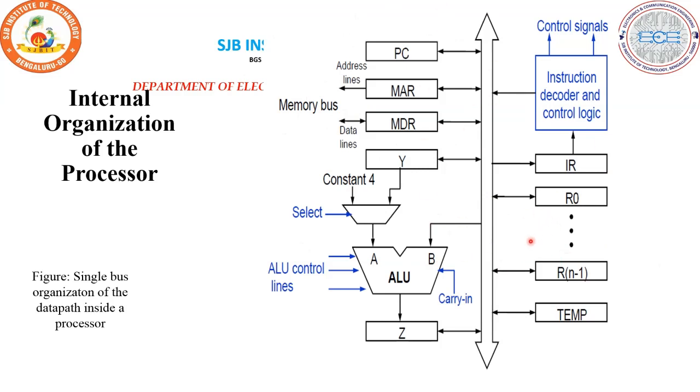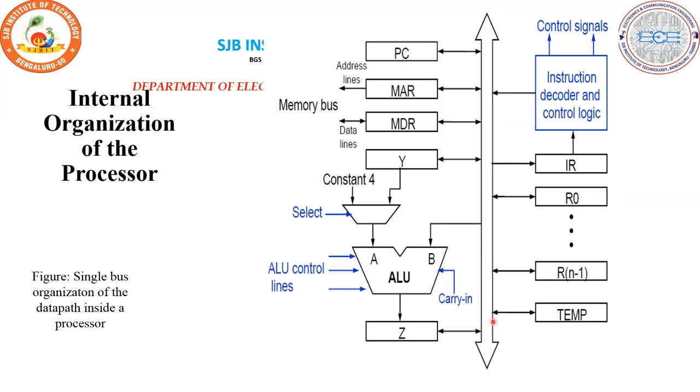The number of processor registers, R0 to Rn-1, varies considerably from one processor to another. This depends on the memory capacity of the processor. Some may be dedicated as special purpose registers, such as the index register and the stack pointer. There are three registers you can see, Y, Z and Temp, as shown in the figure. These registers are transparent to the programmer.